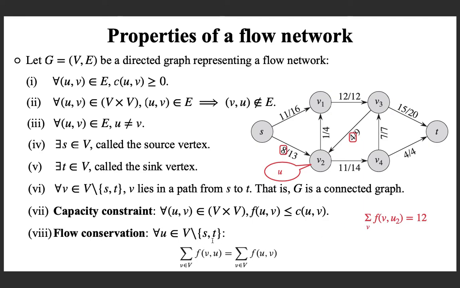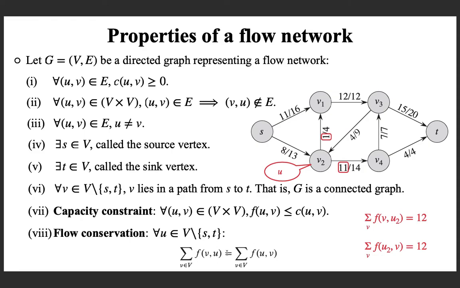So the total inflow, represented by this quantity, is the same as the total outflow, is what it is saying. Now you see what is the outflow from that vertex. It is 1 through this conduit and 11 through this conduit. So it is 12. So this is what this property is saying.